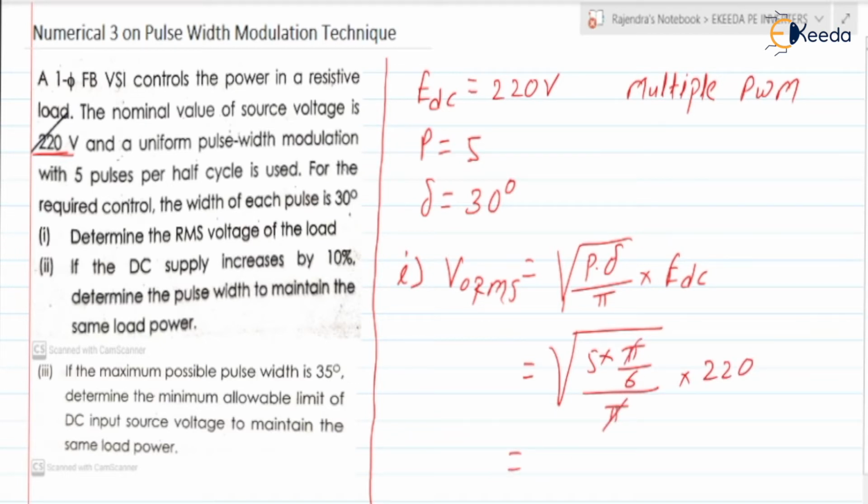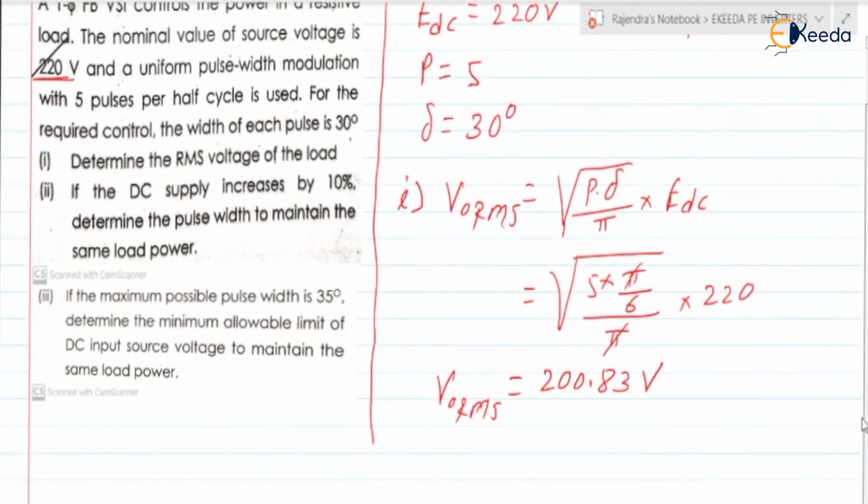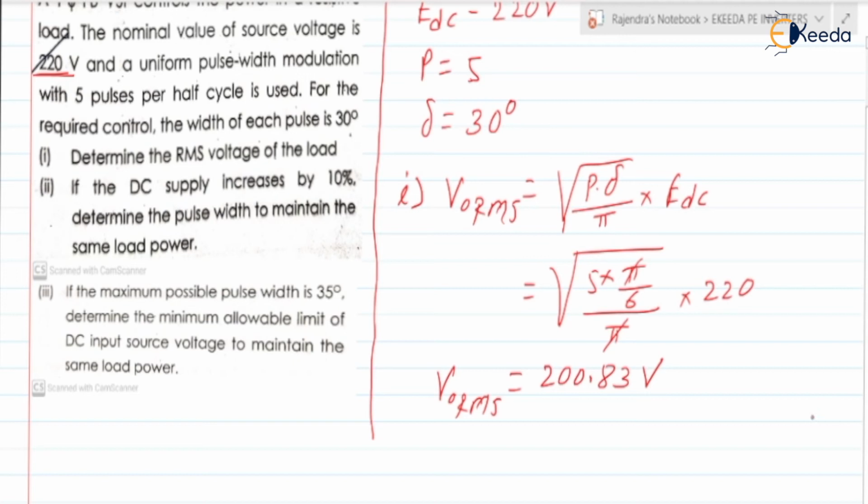It is under root 5 by 6 into 220, which is 200.83 volt. This is V0 RMS. So that is the answer for the first bit. Very straightforward, simply put the formula.